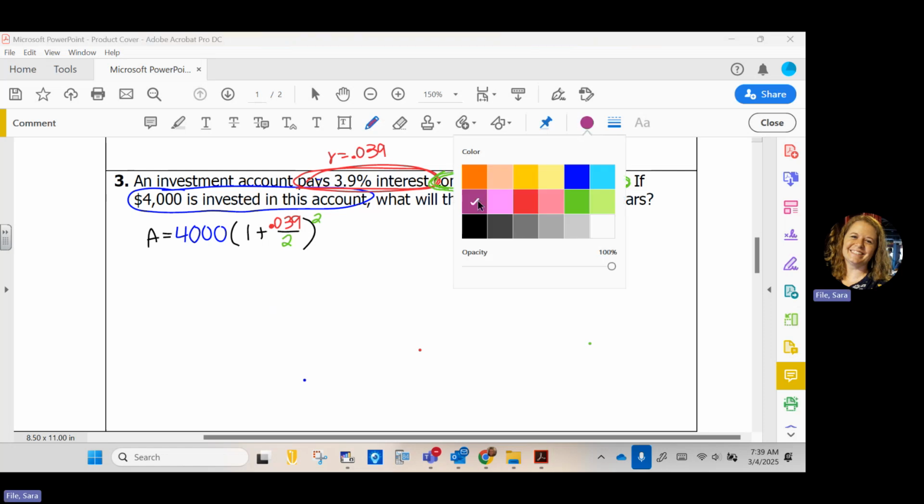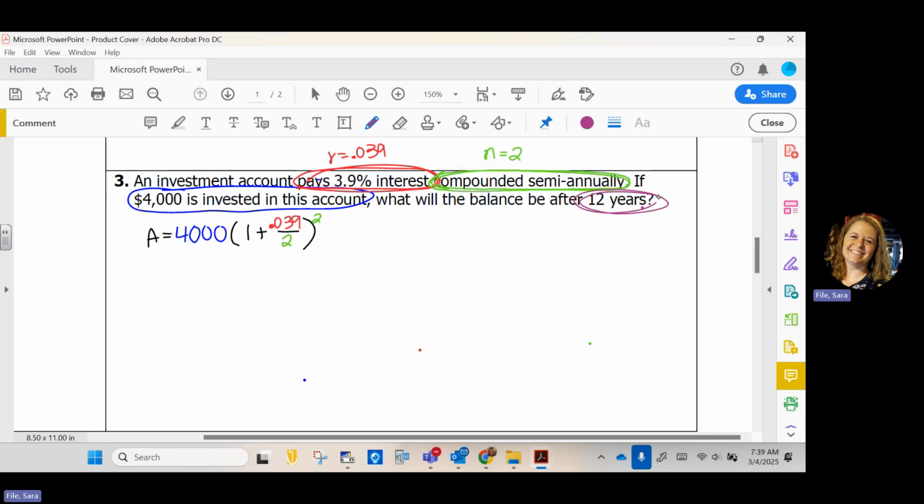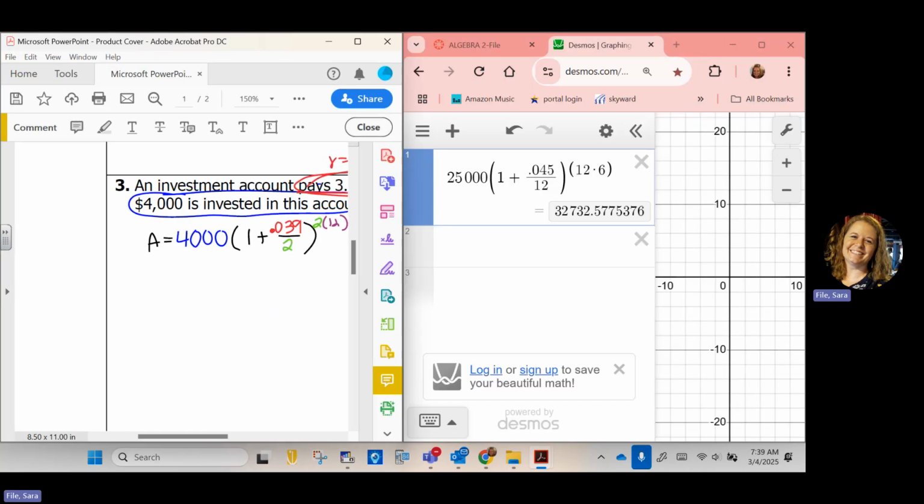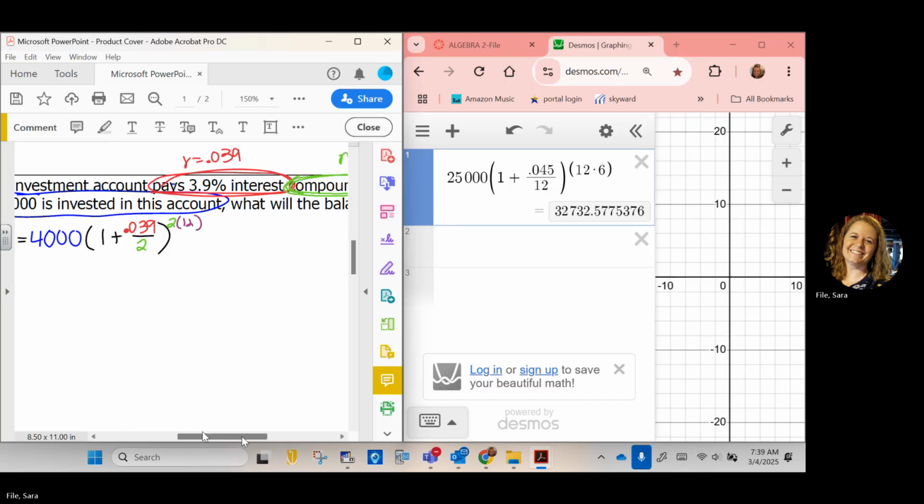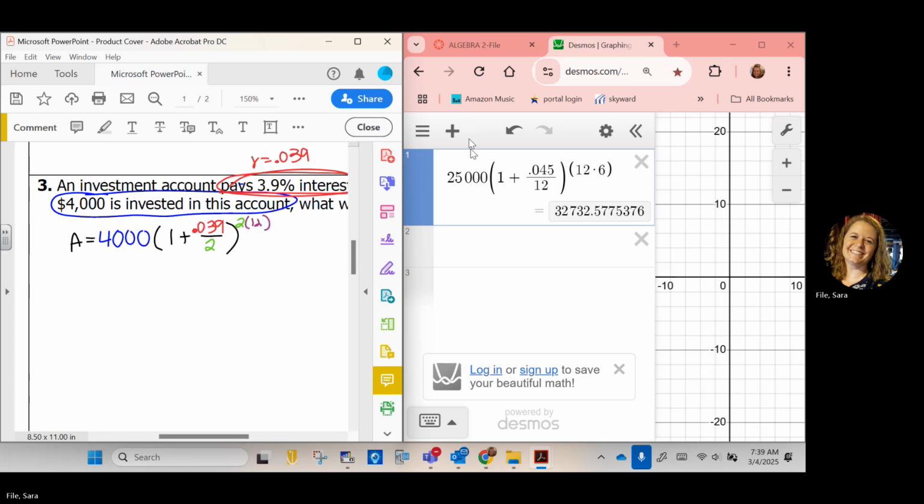All right, and they want to know what's going to be in there after 12 years. So my T is 12. All right, now I'm ready to calculate. $4,000 at 3.9%, 12 years.